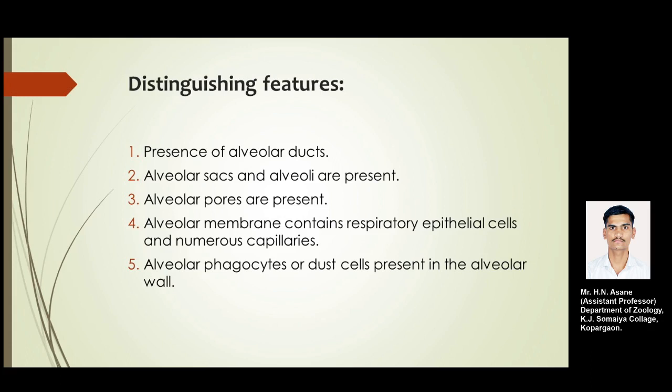The alveolar phagocytes, or dust cells, are present here, the macrophages we have seen, in the alveolar walls. These cells are more in number in a person who is smoking.